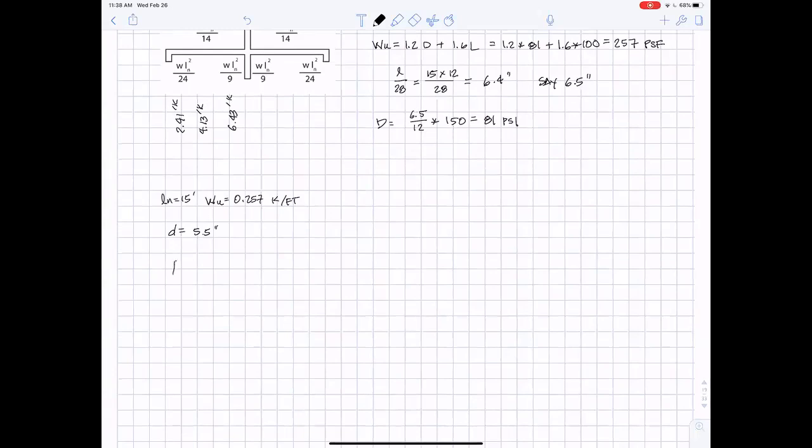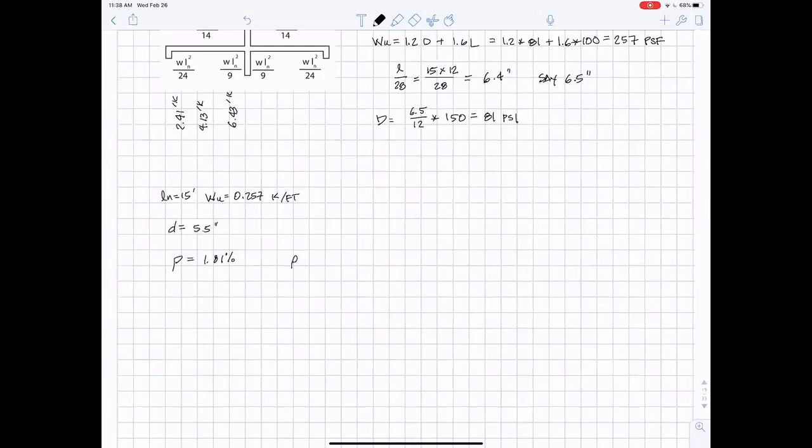So I get rho max is 1.81%, and I'm going to spare you the details, but if you go from rho to Rn, and then you do BD squared equals MN over RN, and then 12D squared equals MN over RN, you get D minimum to get rho max is 2.8 inches.